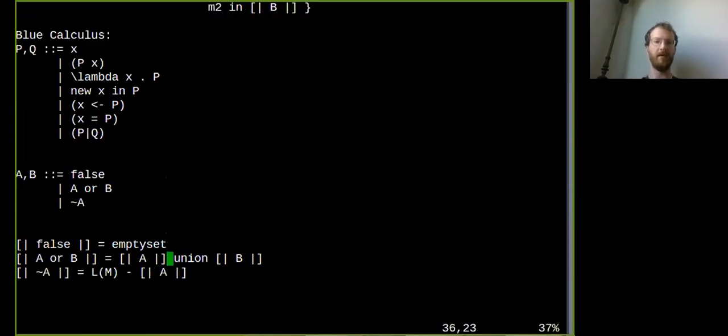So now we get to add in, so what is our next rule going to look like? What's another thing that we can do in our logical language?